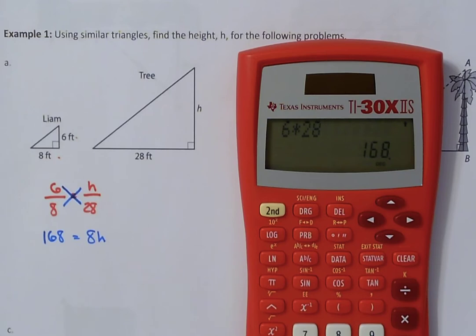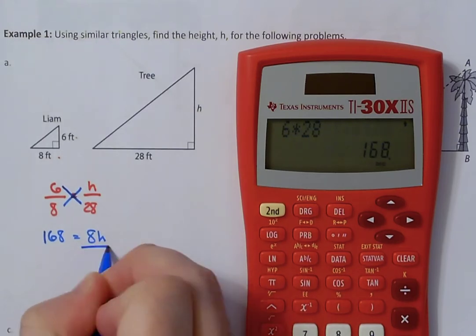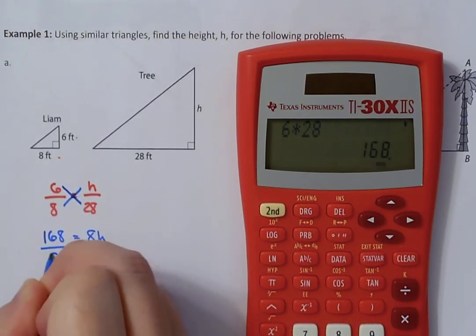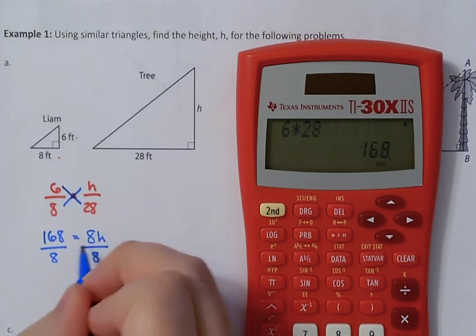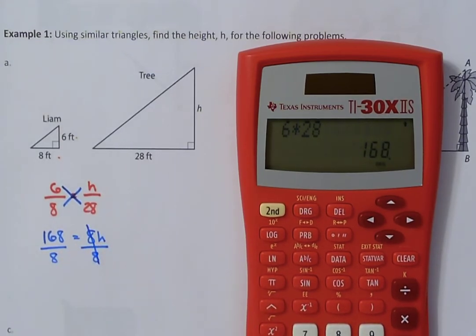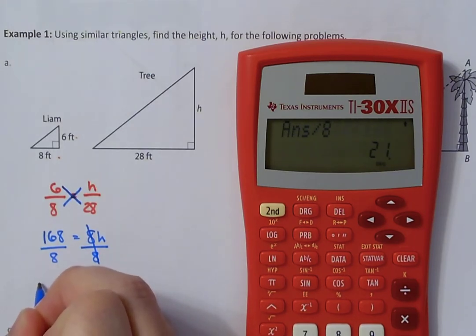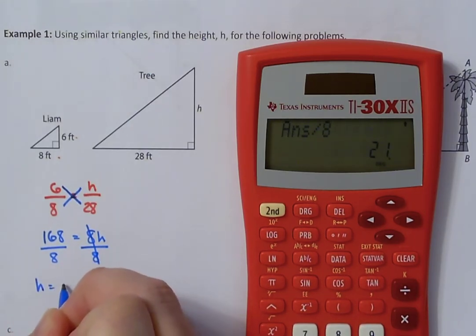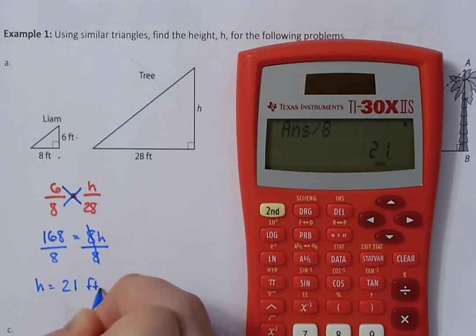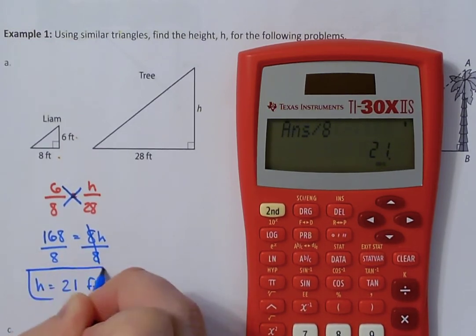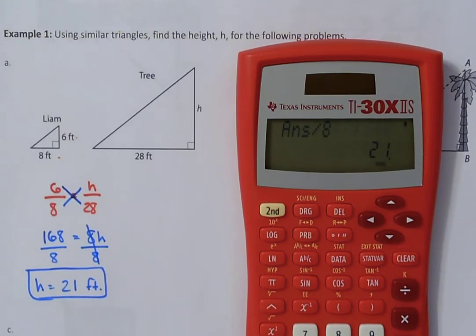So I now have 168 equals 8h. All we have to do here is divide by the 8. The 8s go away on the right side, and on the left side, we end up with 21. So that means the height of the tree is 21 feet. And that is our answer for example 1, part A.